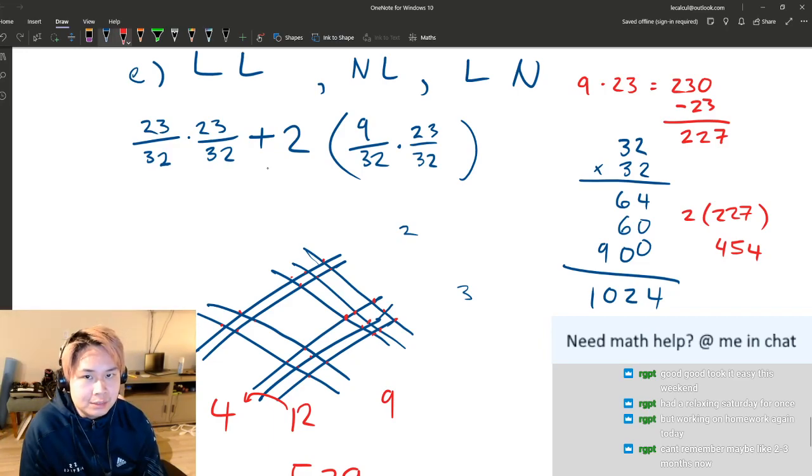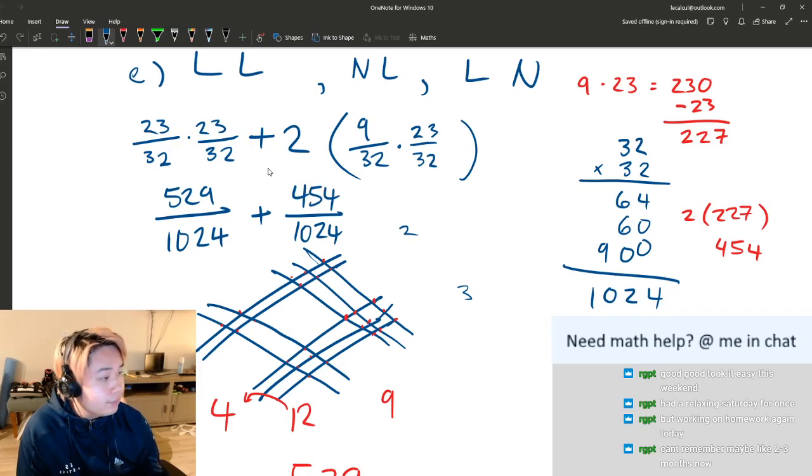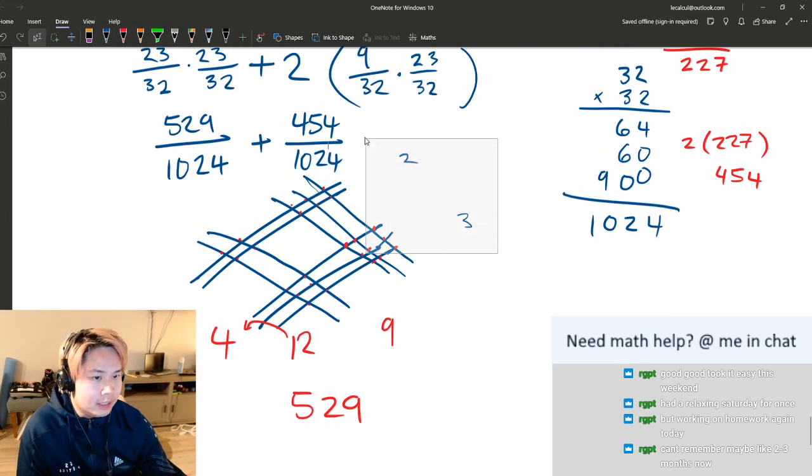Okay, so what does this all mean? That means that this probability is 529 out of 1024, and then I'm adding out of 1024, 454. I don't know why they're making you calculate this.